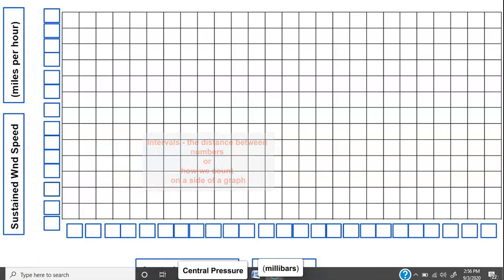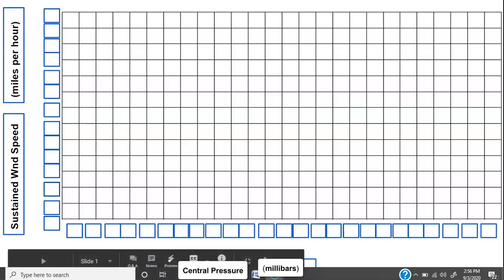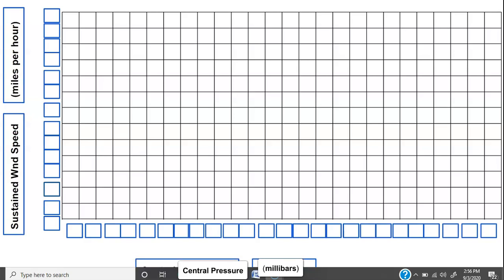So to do this, I could just make some guesses and start randomly filling in numbers, but more often than not, that doesn't work out. And especially if you're writing these by hand, then you end up having to start over a lot, which takes a lot of time and is not so fun. So there's a better way. Wind speed. I know that I want to start at 0, and I know that I don't have a wind speed that goes higher than 130 miles per hour.